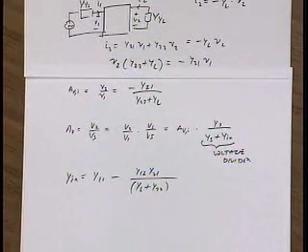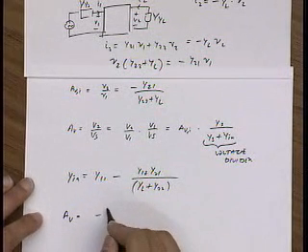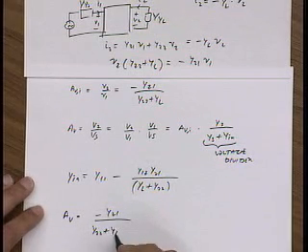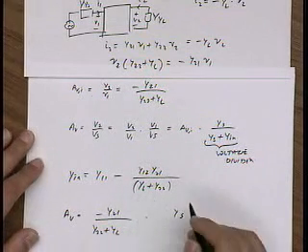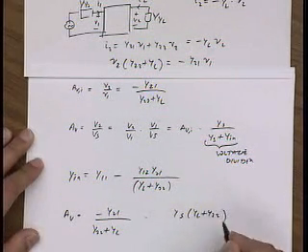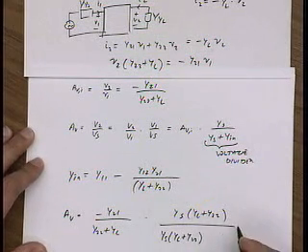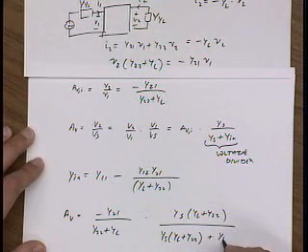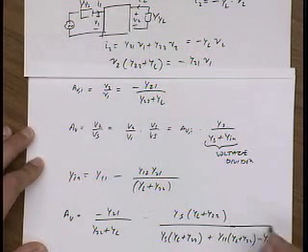And if I substitute now this equation in here, I get that the total gain is minus y21 over (y22 plus yl) times ys. Let me multiply numerator and denominator by this term, yl plus y22. Then I get ys (yl plus y22) plus y11 (yl plus y22) minus y12 y21.